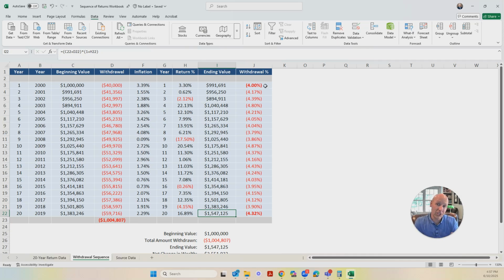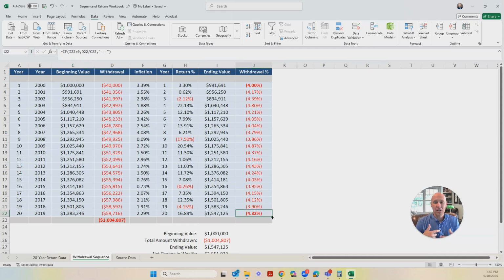we know because you can see 4%, which is the $40,000 divided into the $1 million, but eventually that $40,000 cost $59,716 to buy the same amount of goods and services in year 20, but dividing that into 1.38 million is a 4.32% withdrawal.